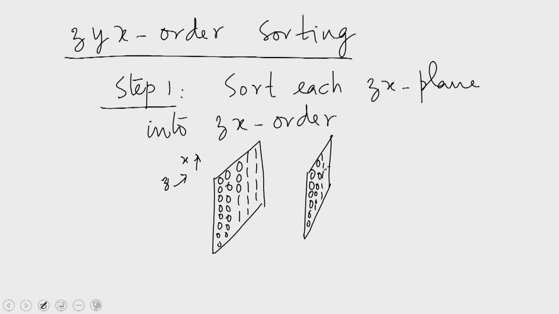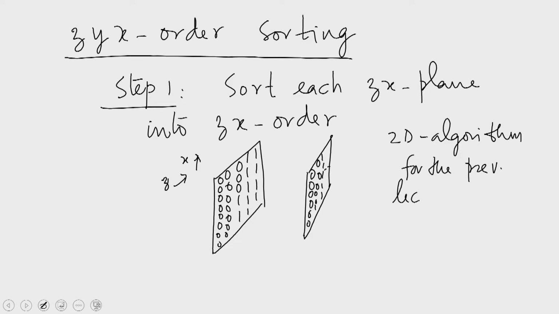Etc. So let us say the zx planes are sorted in this fashion. This sorting can be done using the 2D algorithm we saw earlier. Therefore, this step will take order of n power 1 by 3 time.